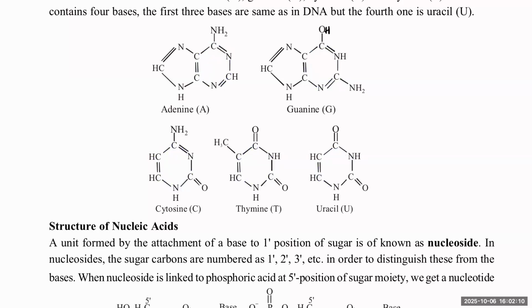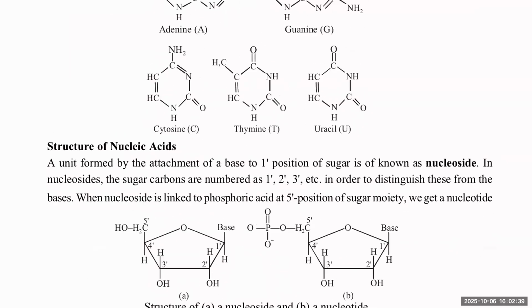Except here in cytosine we have C double bond O, and instead of NH2 here we'll have C double bond O, and here also C double bond O, without this methyl group. So thymine and uracil differ in that there is a methyl group here. Got it? These are the 5 bases which you need to know.